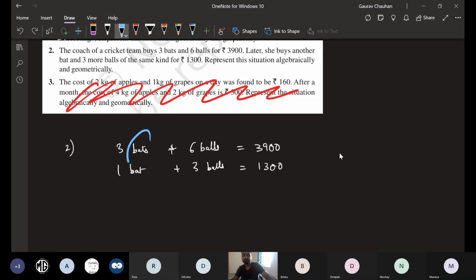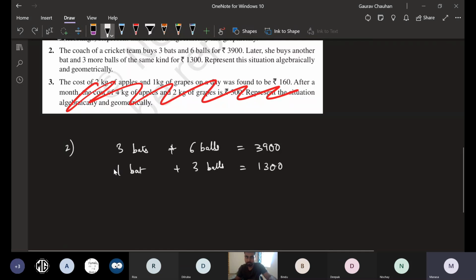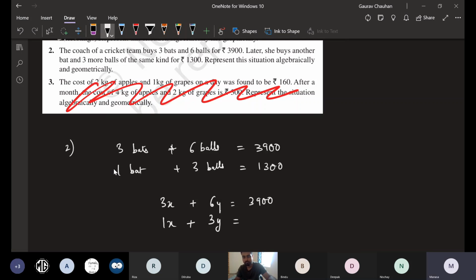If you're writing bat fully, ball fully, it's still like a statement only, right? 3x plus 6y equals 3,900. 1x plus 3y equals 1,300. Okay. Before this, was there something necessary to write which you have missed probably?